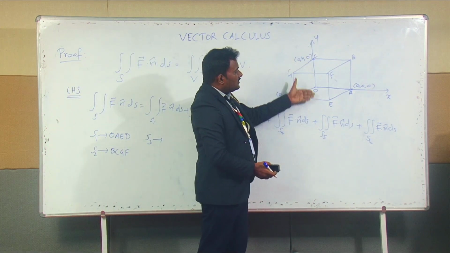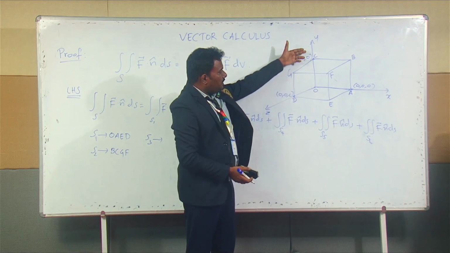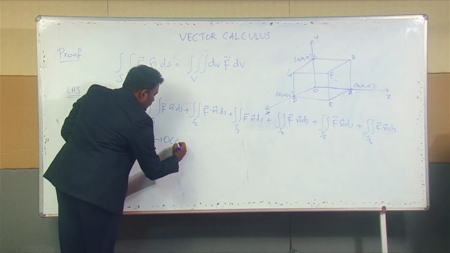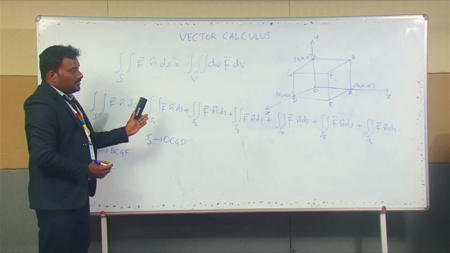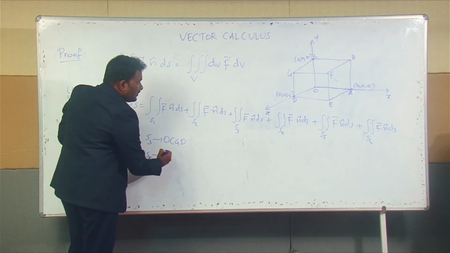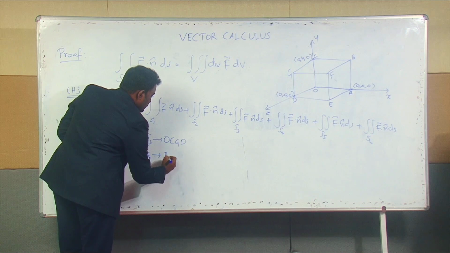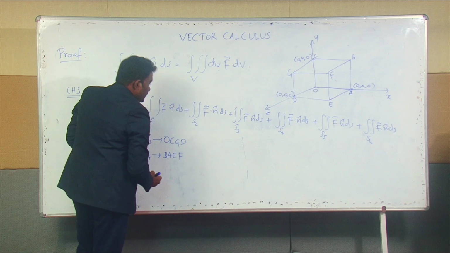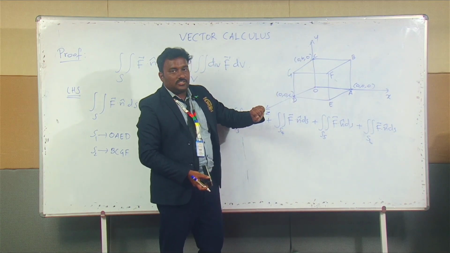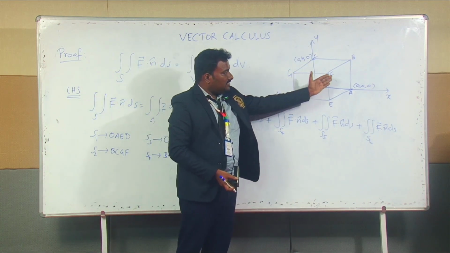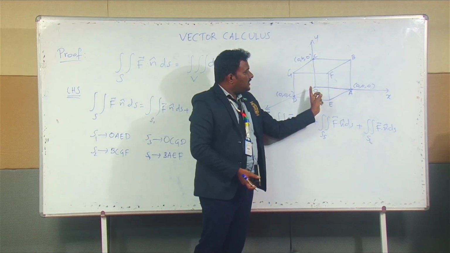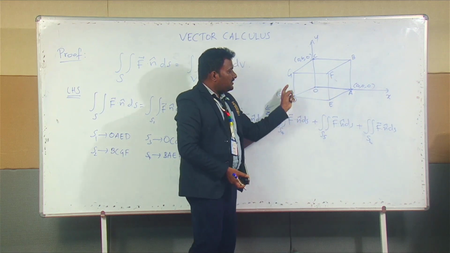We can take the surface parallel to the y and z axes, that is OCGD, and parallel to that surface we have BAEF. So we have taken the bottom and the surface above it, and these two surfaces. So the remaining two surfaces are the BCOA surface and the FEDG surface, right.